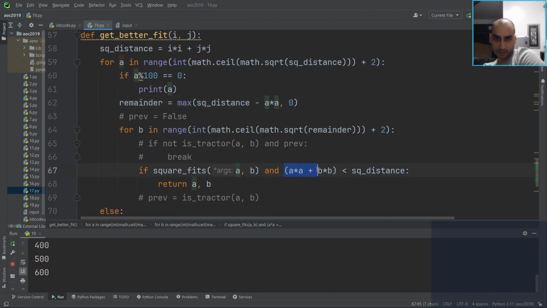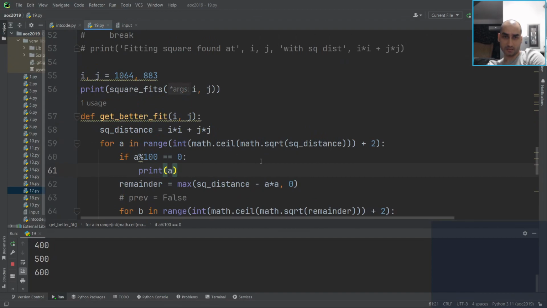And a times a plus b times b is strictly less than square distance. Because we've gone +2, so we might actually end up doing i and j again.